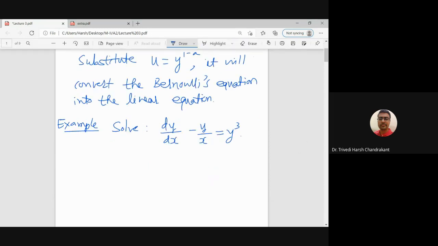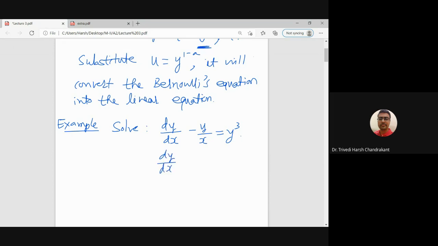If you compare this with the standard form, it is dy/dx + p(x)y = q(x)y^a, where p(x) is -1/x in this example, and a is non-zero. In fact, a is different from 1 also, otherwise we can take the y term to the other side and it will again be a linear differential equation.